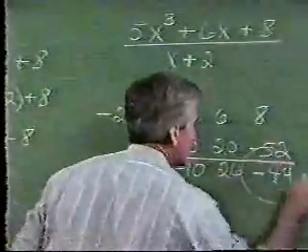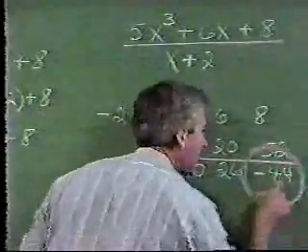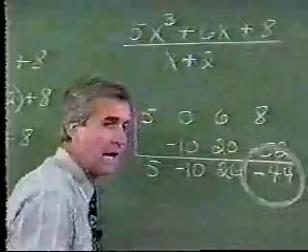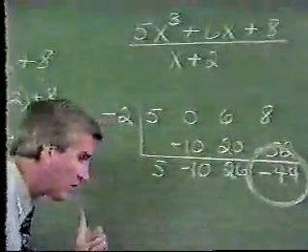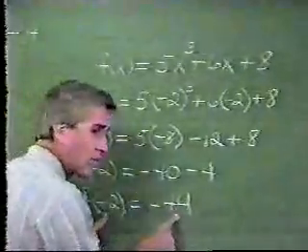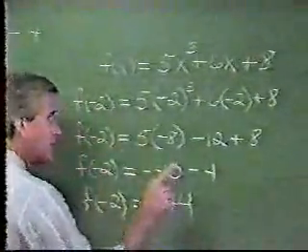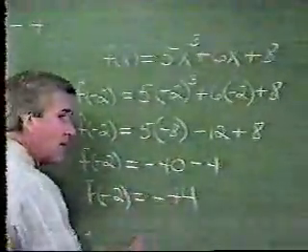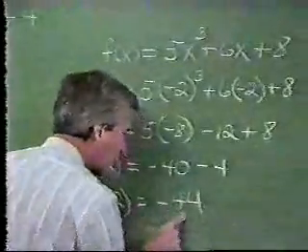And look at this. The remainder is negative 44. And we found over here that f of negative 2 was negative 44. The synthetic division by negative 2 gave a remainder which was negative 44.